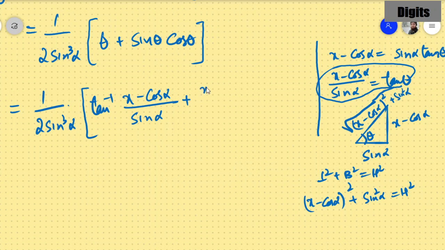Perpendicular is x minus cos of alpha divided by square root of x minus cos of alpha square plus sin square alpha.